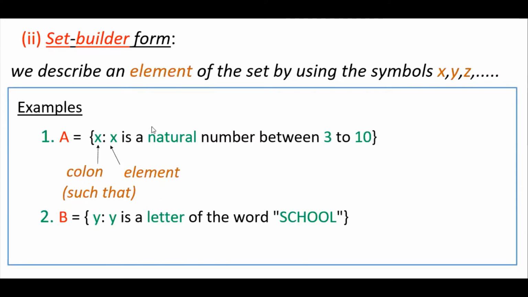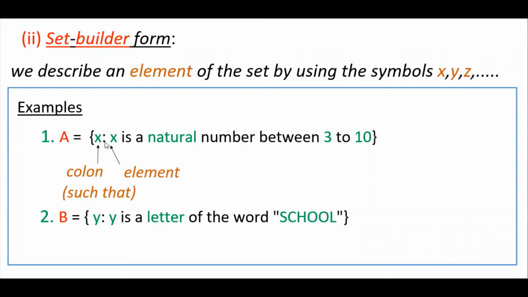So that you can represent like this sentence: x is a natural number between 3 to 10. So x is the element here and that element is between 3 to 10. So the elements are 4, 5, 6, 7, 8, 9. This is the representation of the set by using set builder form. Here x you can write in any symbol, y, z, any symbol you can use here.